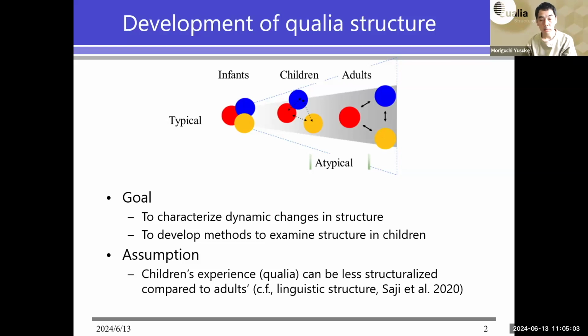This assumption is based on a previous study by Saji-san and other researchers, where young children's linguistic structure or categorization is less structuralized compared to older children or adults. So this is our general assumption, and we tested it in this project.